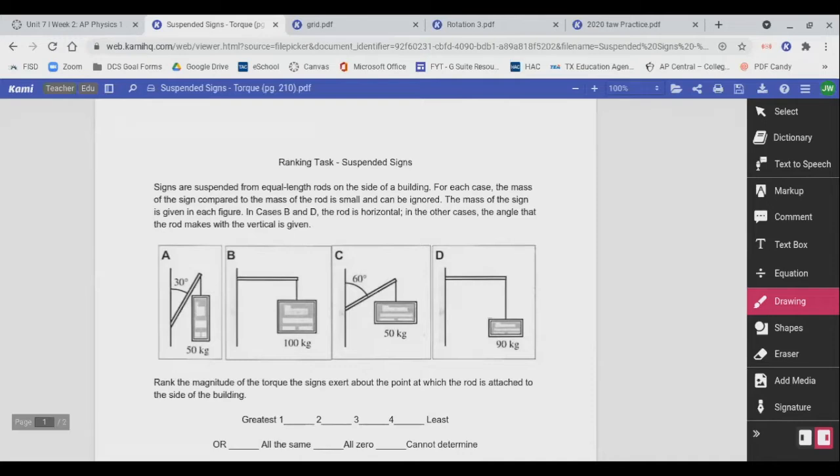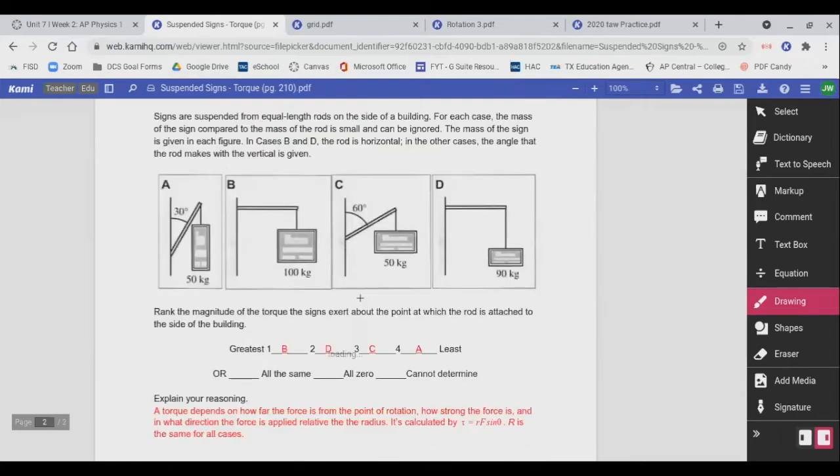Remember the fidget spinners, and it was giving us the top angle instead of the lower half going from horizontal, and we were always going back to the horizontal. Here we need to make sure that we're drawing an appropriate line of action, either vertical or horizontal, and we're able to use the angles they've listed. So BDCA should be our order when we scroll through this.